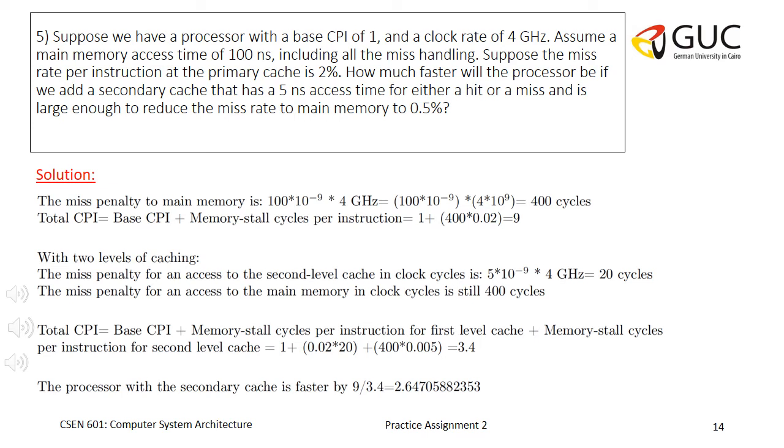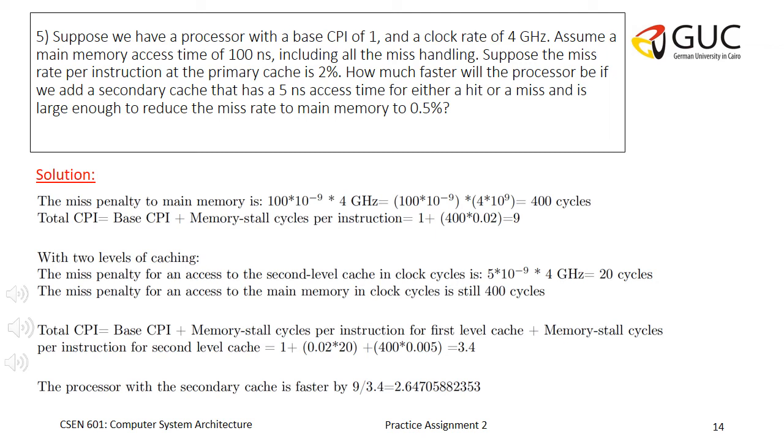The second case, we are having here two levels of cache. So we add another cache between the first cache and the memory. When the processor needs data, it goes to the first cache we had before, and if it finds the data, it goes back with the data to the processor.